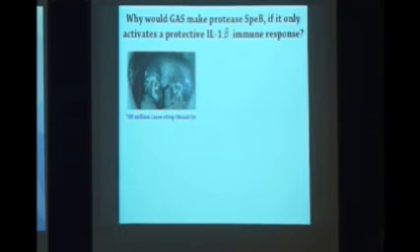So why would you make a protease that activates the immune system? Why would a bacteria make something that stimulates a protective immune response against it? Well, this comes back to the final thing. Remember, all that research was on invasive group A strep infections and systemic disease.